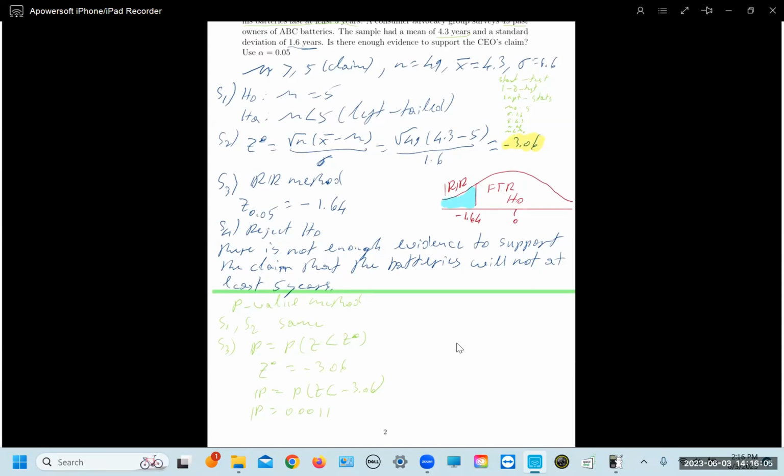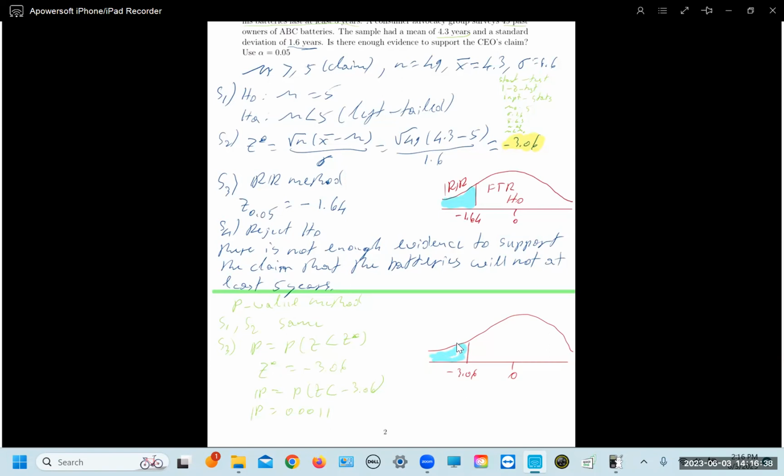So we can draw it, because I will show you on the calculator. That's okay, 0, this one minus 3.06. I can show you how to do it right now.